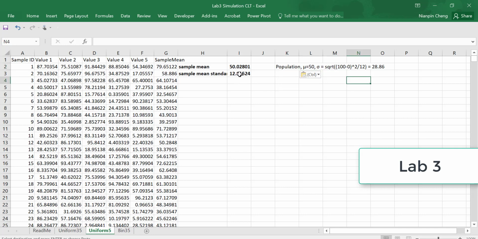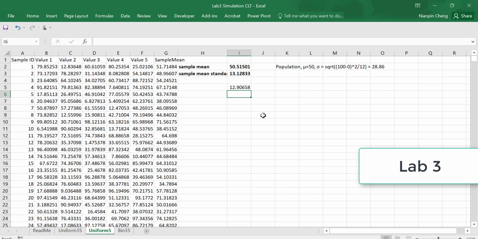For the sample mean standard deviation, I know how this sample mean varies. It should be close, based on the linear combination of random variables. That's equal to each individual value's standard deviation, 28.86, divided by the square root of the sample size. Here my sample size is 5. See, this is quite close.